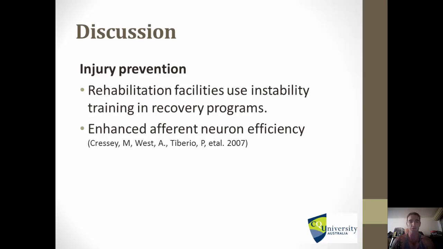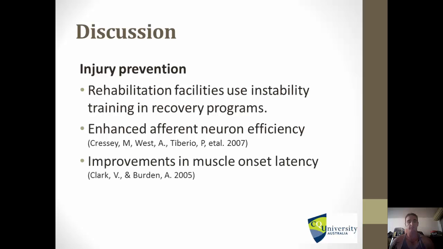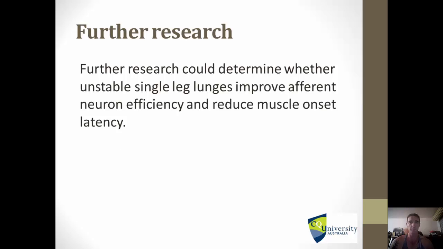However, there is not very much research available to back that up. There also have been reports that it improves the muscle onset latency, so how long it actually takes for the muscle to become active, which is interesting. Further research could determine whether unstable single leg lunges could improve afferent neuron efficiency and reduce muscle onset latency.